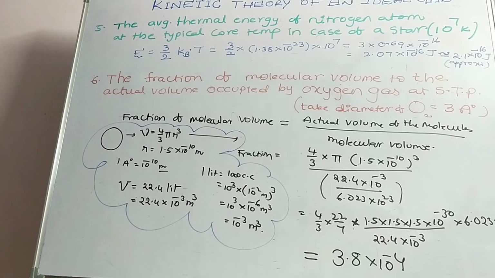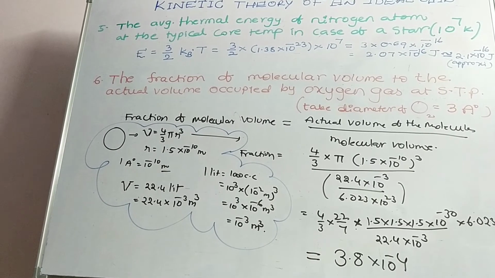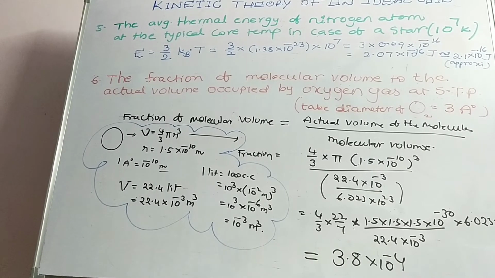Fraction of molecular volume is equal to the ratio of actual volume of the molecule by molecular volume, and the fraction is substituted using 4 by 3 pi r cube. According to the experimental verifications, the size or shape of the molecule looks like a spherical shape.